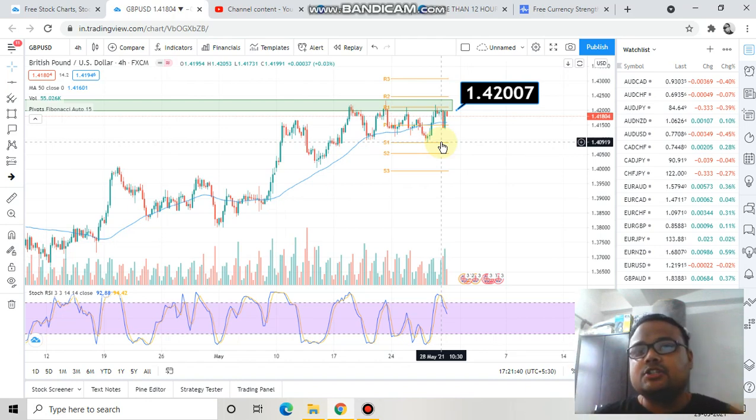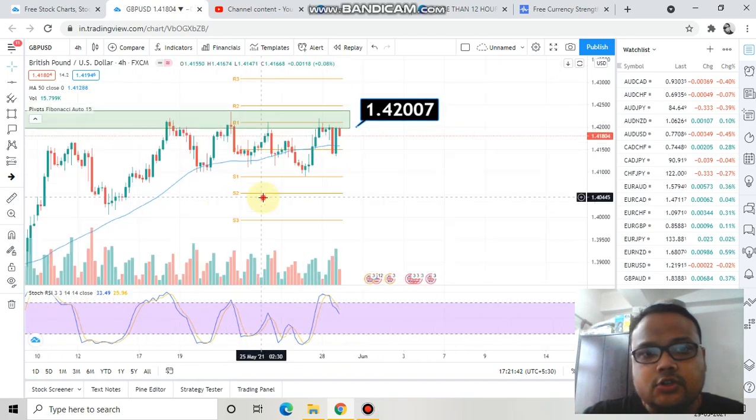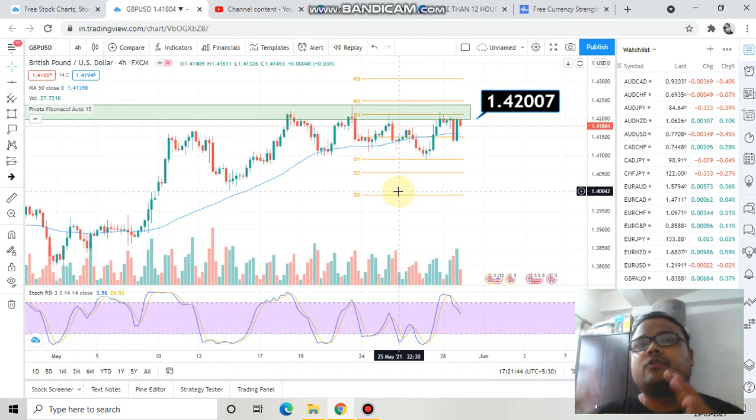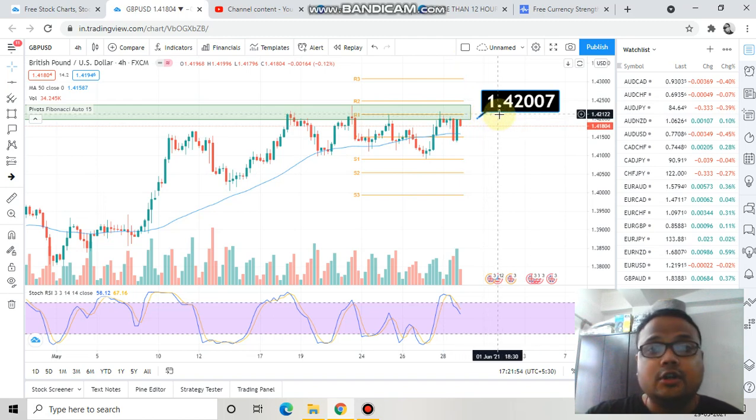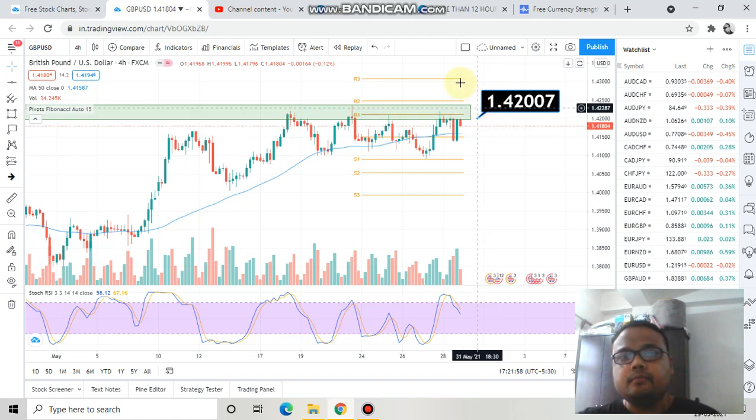We are seeing on the chart that whenever the market is trying to go up, whenever it is trying to break the resistance, it is failing because the market is having severe selling pressure. So this level, 1.4200, is acting as a crucial resistance for the market.